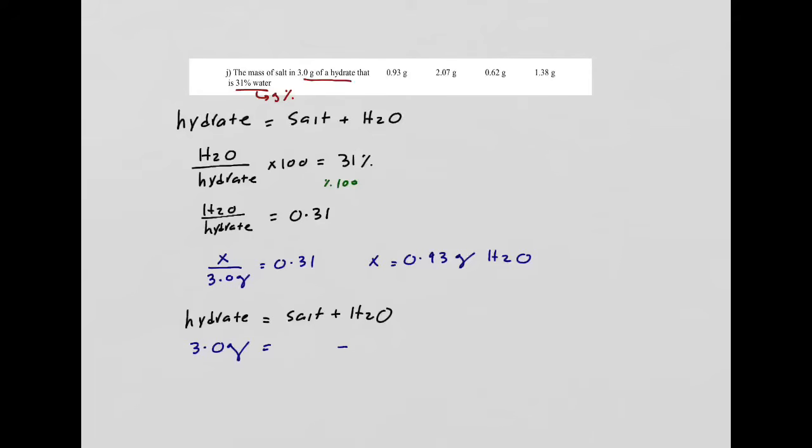I know my water is 0.93 grams. So can you figure out the salt? Yeah, you can. The salt is going to be my x. And if I solve for x, I get 2.07 grams. And that's one of the options.